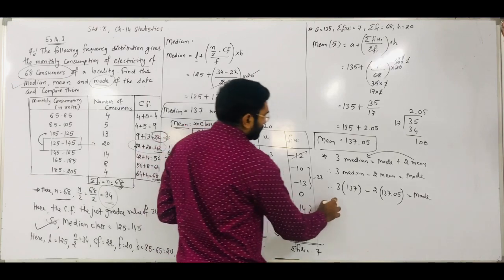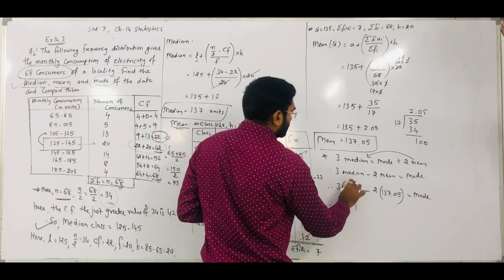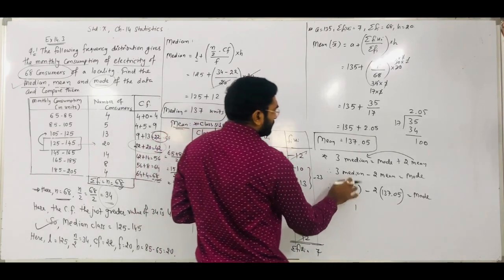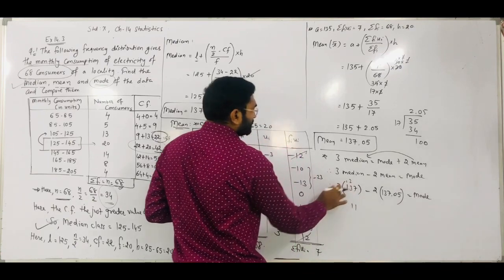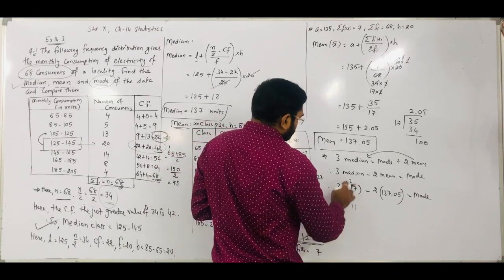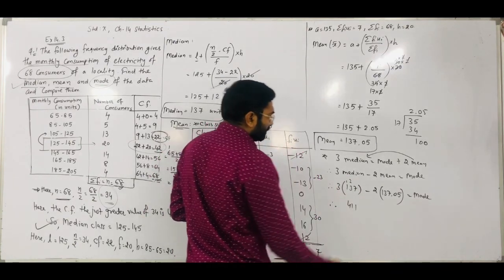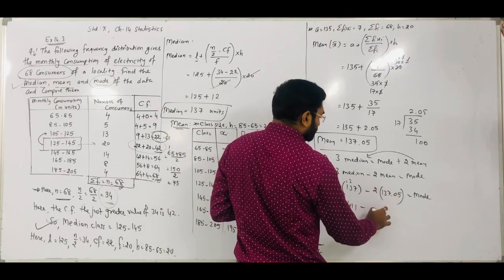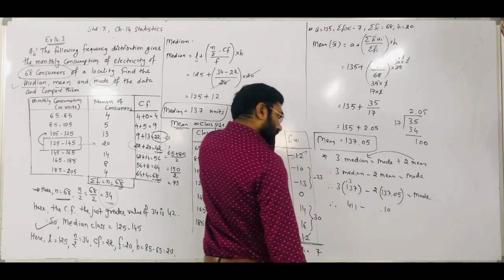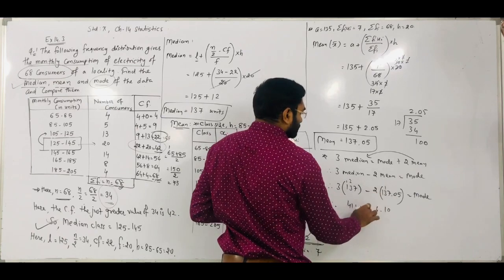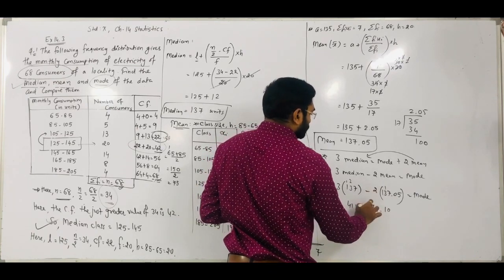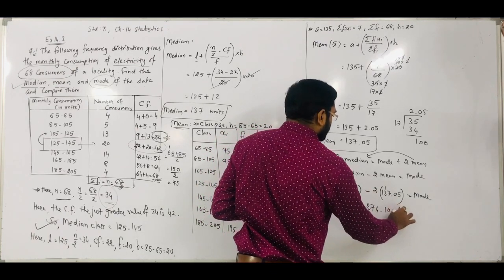Right. So its multiplication: 3 7s are 21, 3 3s are 9 plus 2 is 11, 3 1s are 3 plus 1 is 4, so 411 minus, if you do the multiplication of that, then 274.10 is equal to mode.